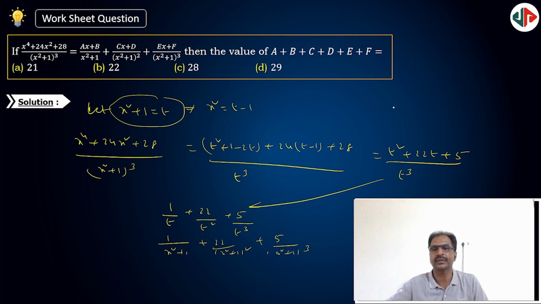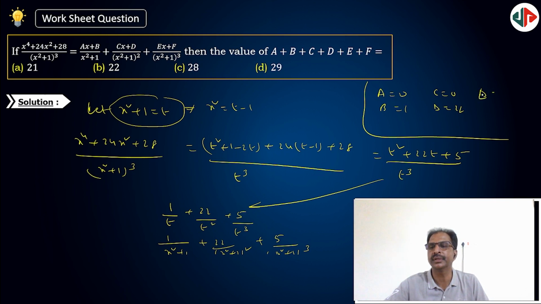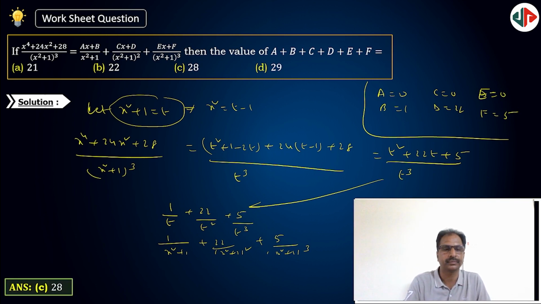Now if you compare with the right hand side terms, ax plus b is 1. So a is 0, b is 1, c is 0, d is 22, e is 0, f is 5. Now add all those. Answer will be 28, option C.